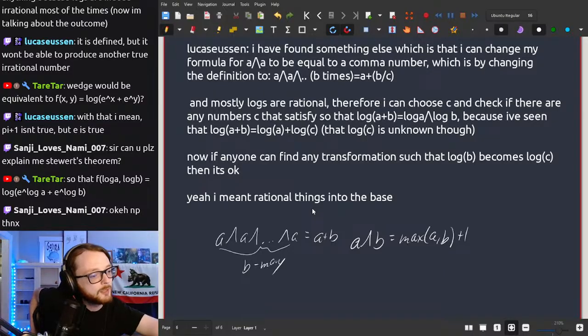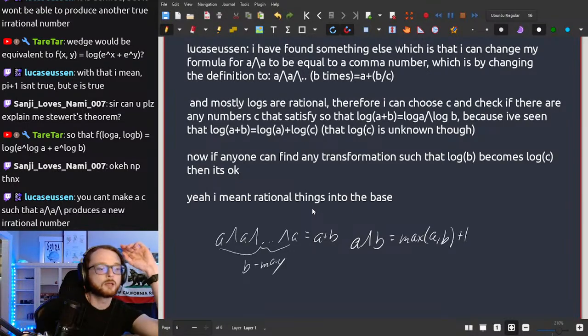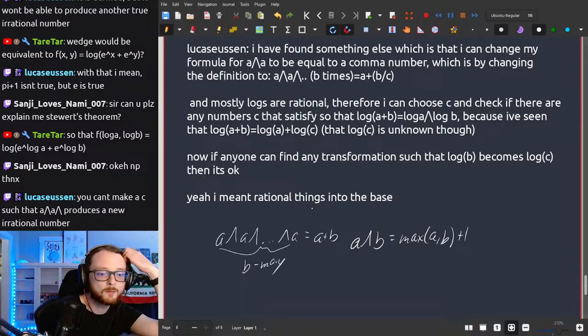Okay, so I'm not sure where you're getting the e to the whatever business from. Right. You're saying it'll always look like some other irrational number, not really be a different one.